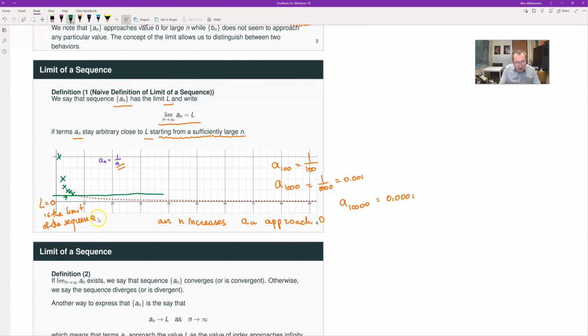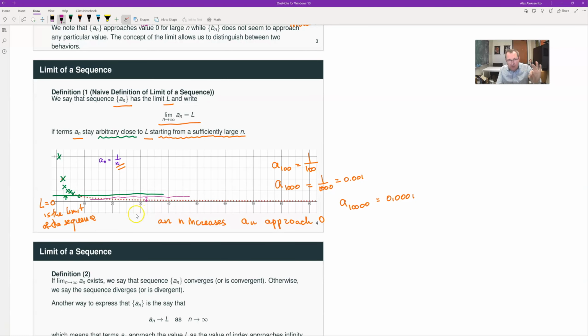But starting from this one over here, these elements are already close to L, L equals 0. But maybe that's not close enough for us, so we decide, how about we look even closer and put a line that is parallel to the x-axis but closer.